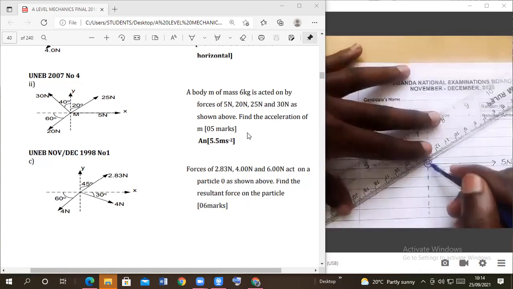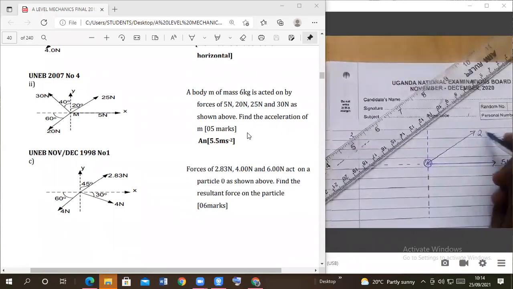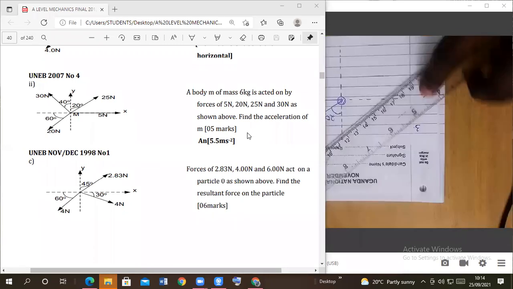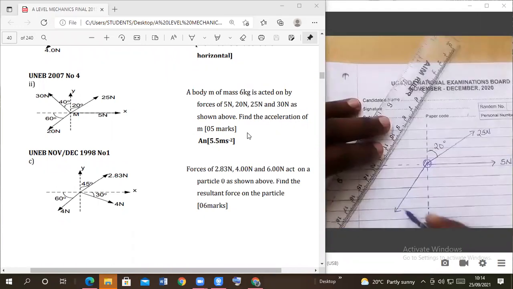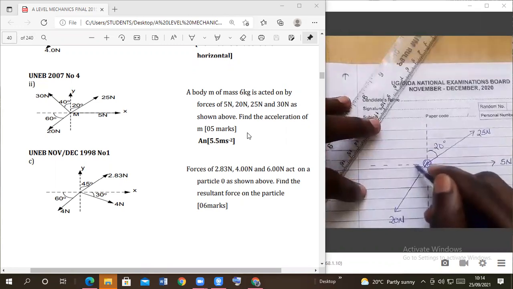This is 25 Newton. I've given the angle to the particle, which is 20 degrees. Also this one here is 20 Newton. I've given the angle here to the horizontal, which is 60 degrees.